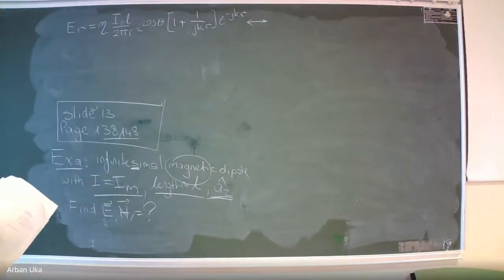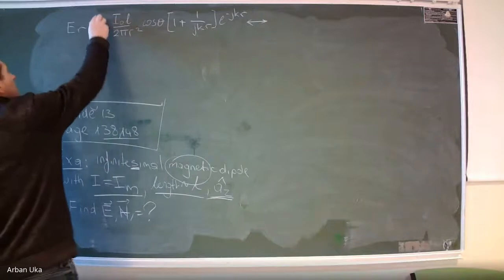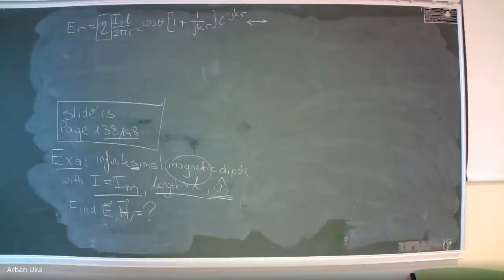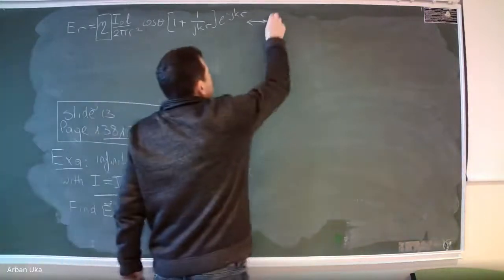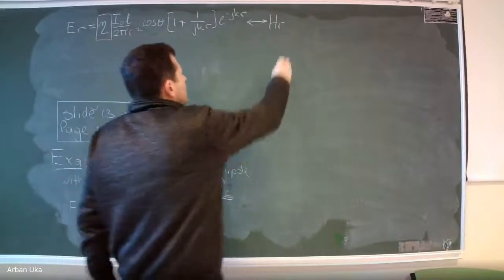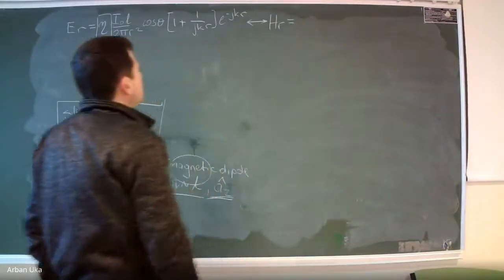One essential part that I always remember is that if here we have the intrinsic impedance, when we write the expression for HR, we would have the inverse of the intrinsic impedance.